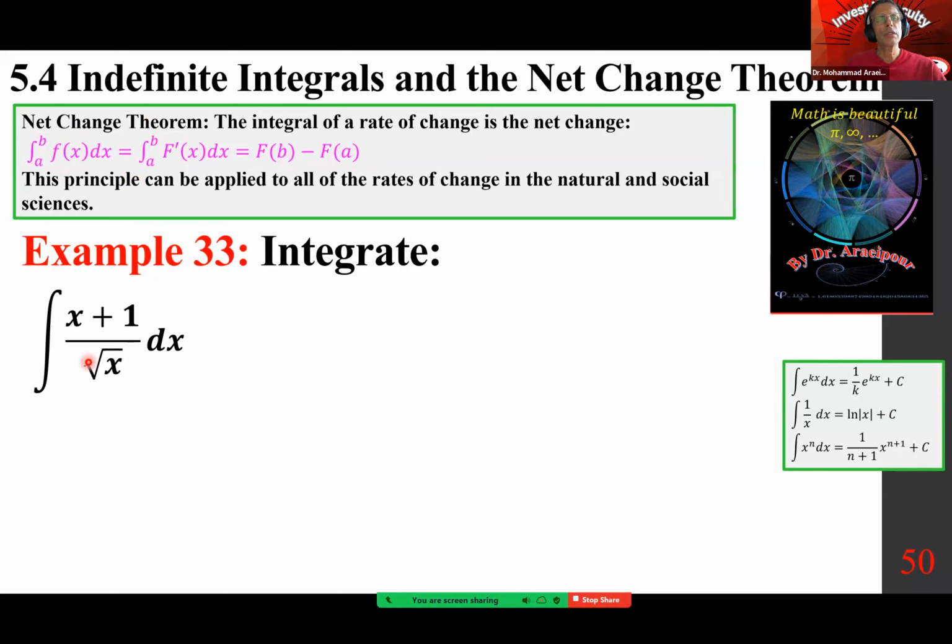So what we are looking at now, this concept of an indefinite integral, is the same as anti-differentiation, okay? And if we wanted to integrate this expression, we would do the same thing. First, we would change the square root of x to x to the power of 1/2. Then we would make up two fractions.